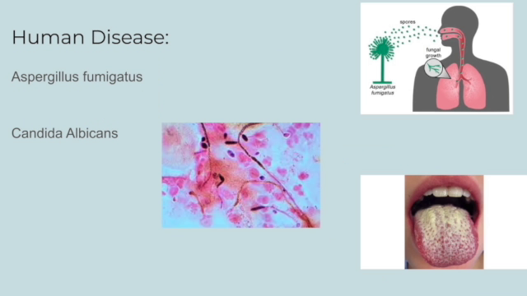Now there are some species of Ascomycota that can cause human disease. The most common, actually, is Aspergillus fumigatus. This one is an infection that happens in the lungs to those with compromised immune systems, meaning that their immune systems aren't always able to fight off these infectious diseases and oftentimes it can lead to death.